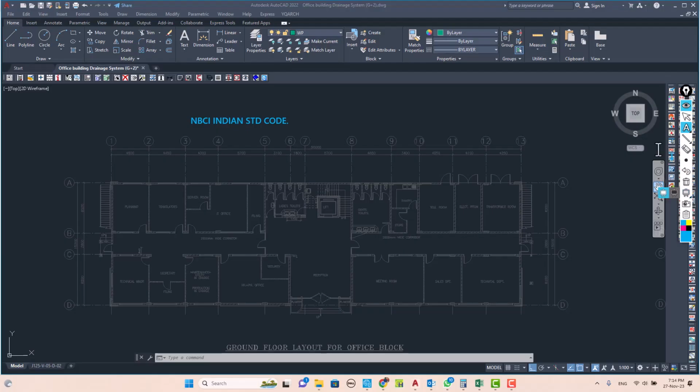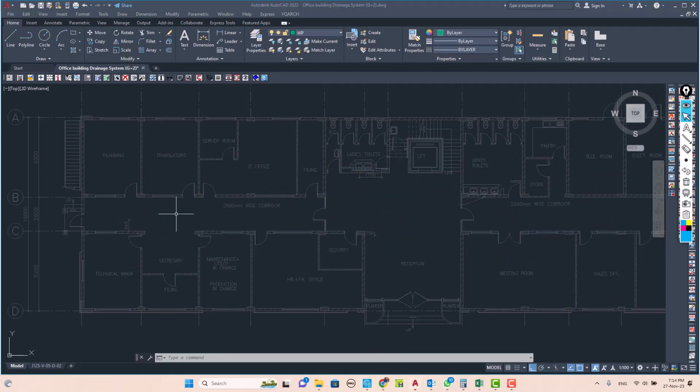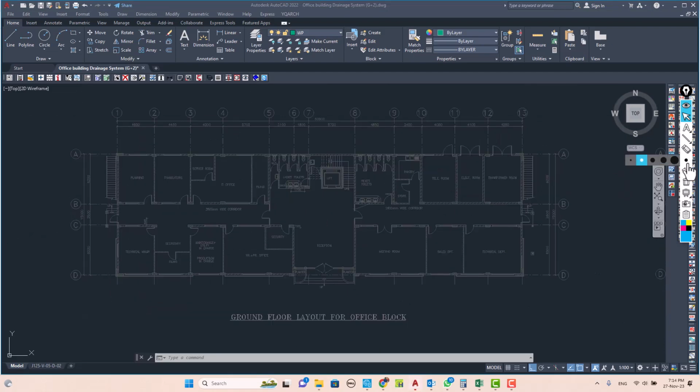So suppose you got this drawing and now we have to size the tank as per the SBC. As per the SBC, we have to size two tanks.